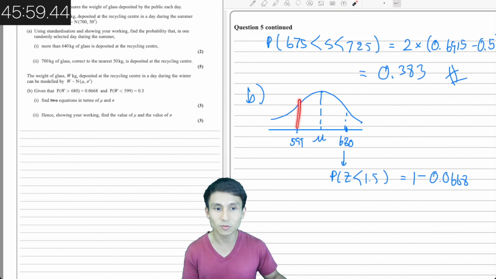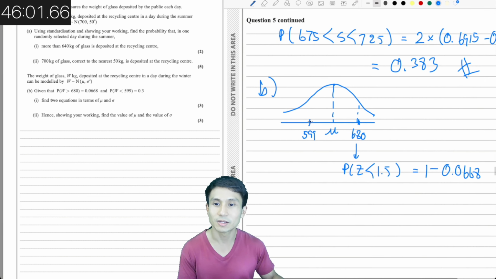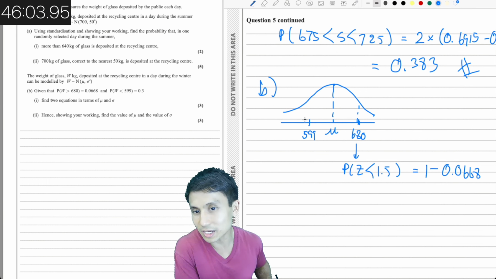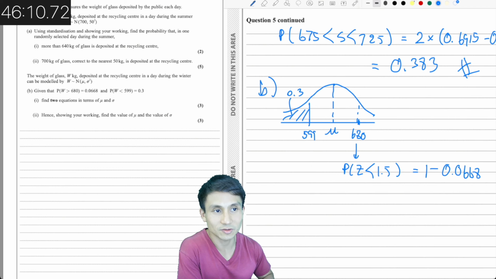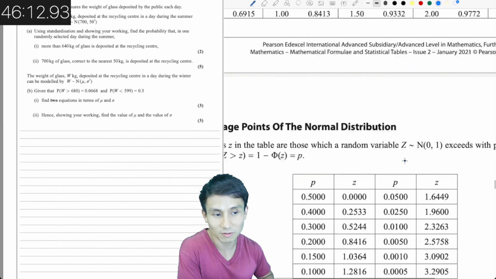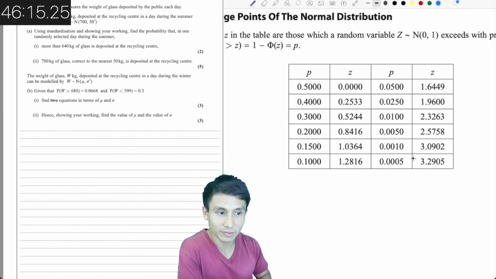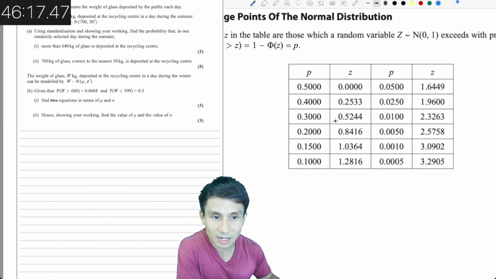Now for the other one, you have probability of it being 0.3 here. So if we reflect to the other side, it's going to be 0.3, but to the right side, we can find the Z value there and reflect it back. So if we go probability of 0.3 to the right side, this is basically the right tail, and the Z value is 0.5244.